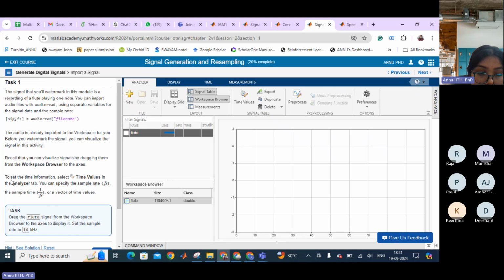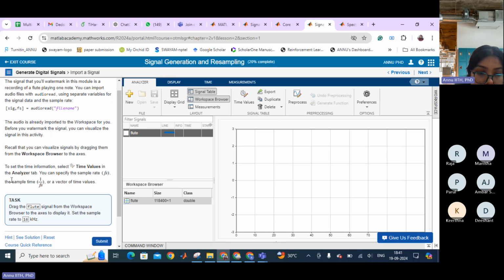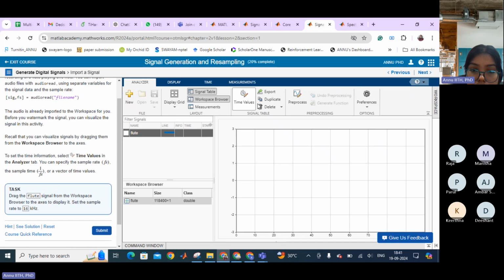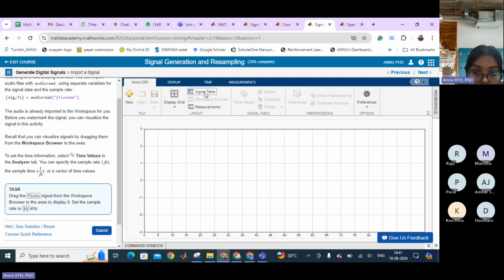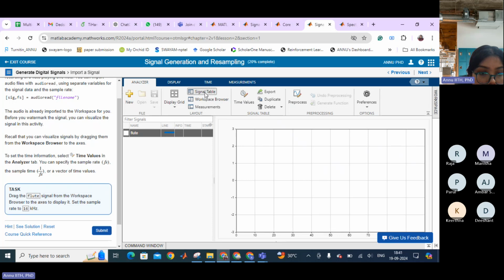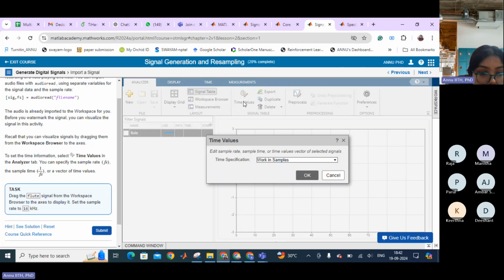To set the time information, select the time values in the analyzer tab. Analyzer, set time. Select time values and analyzer time. Where is it? Time. You can specify the sample rate. The sample rate was 100, I guess.